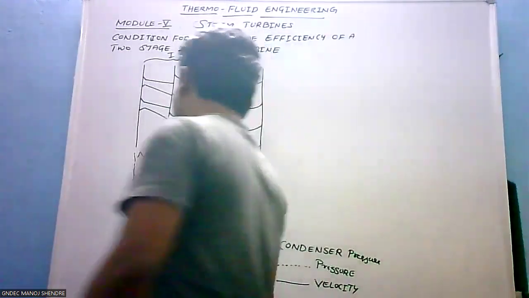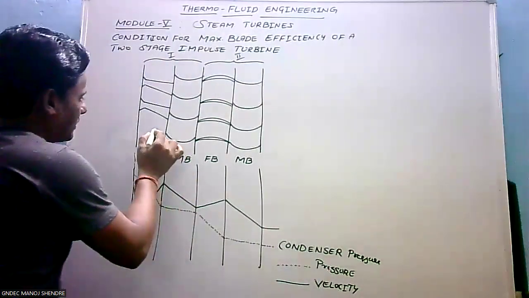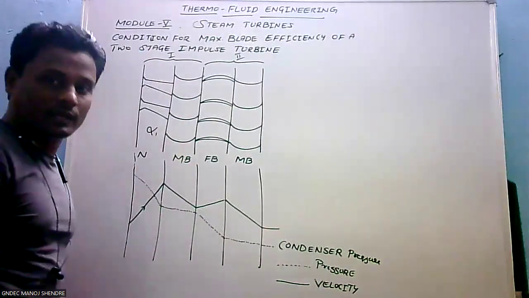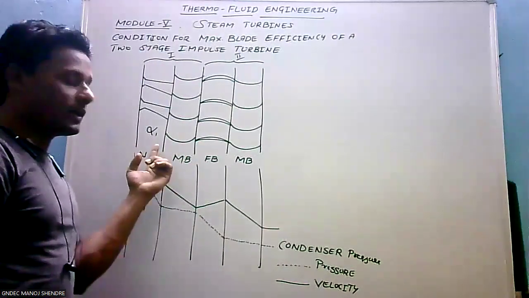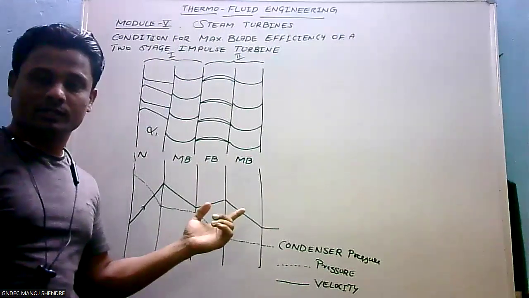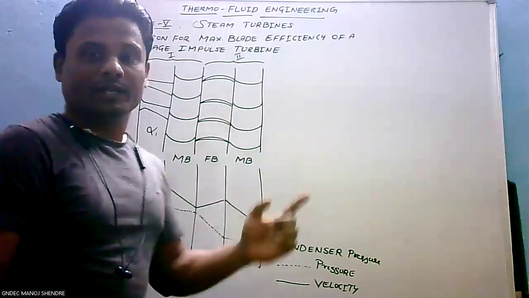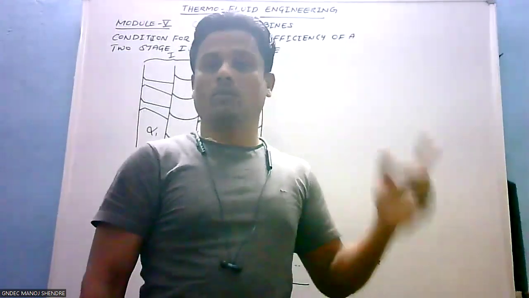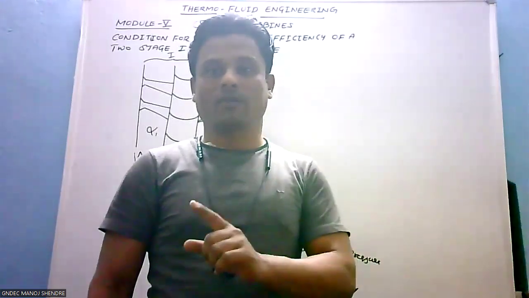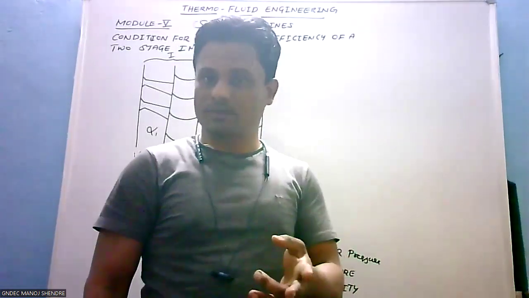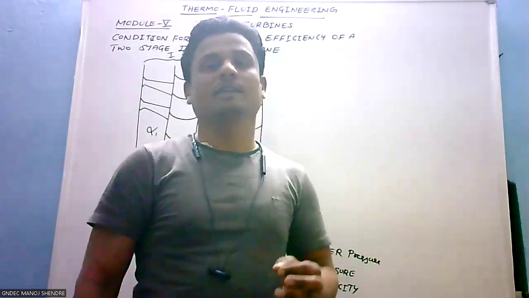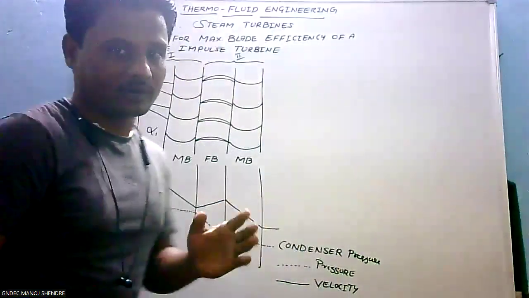Say for example, I am considering alpha 1 as the nozzle angle. Alpha is the angle for the fixed blades or nozzles, and beta is the angle for the moving blades, right?